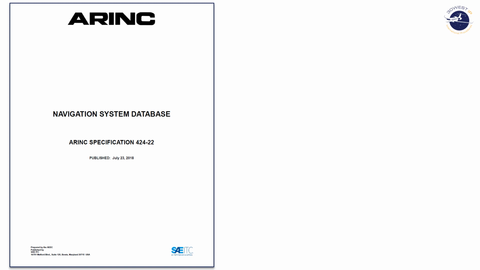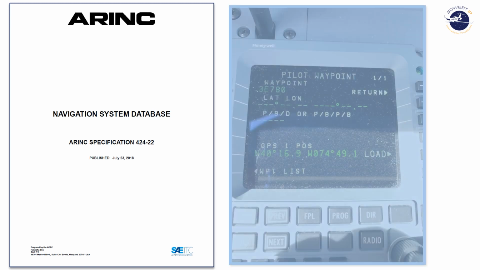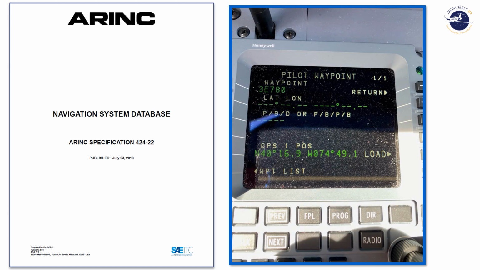Some procedures are not compatible with this database standard and sometimes cannot be coded for inclusion in some of these airborne databases. Likewise, not all waypoints are included in the database either, and even though the code might fit the standard, the undesignated waypoint may not be included in the database.